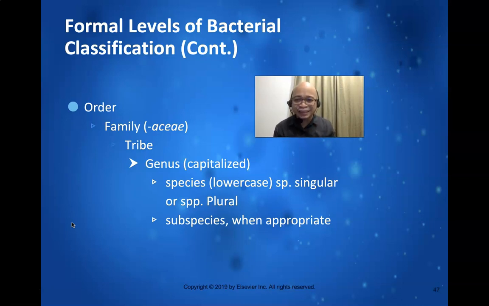The genus has to be capitalized, and the species has to be written in lowercase. Species is always with an S, either singular or plural. If we abbreviate it, sp. is the singular form and spp. is the plural form. Sometimes there are also subspecies, and we write them whenever appropriate.